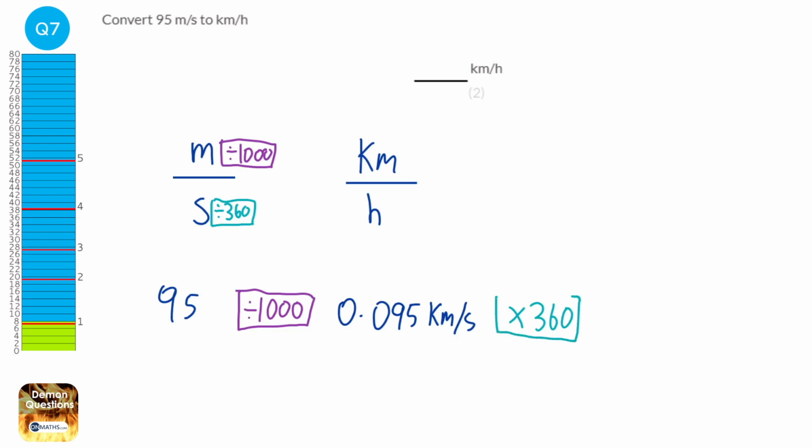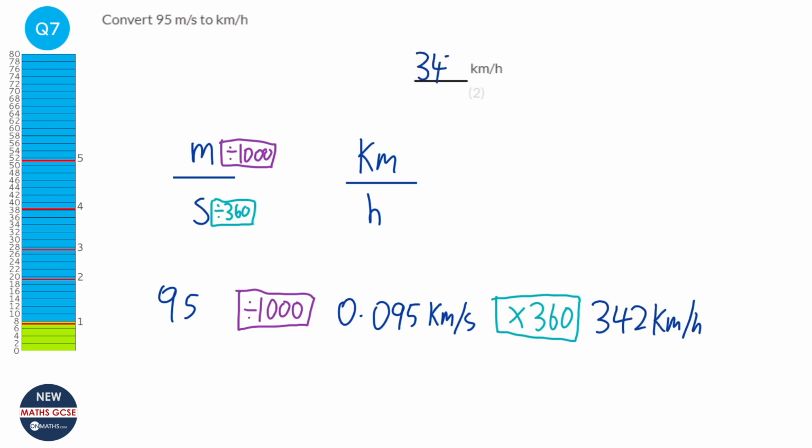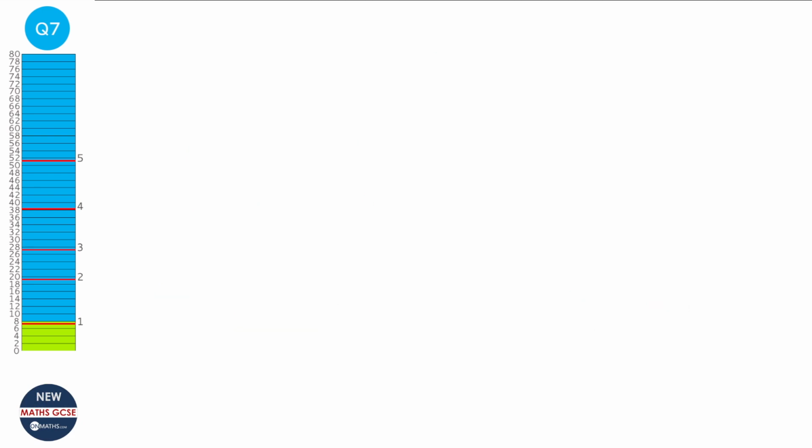So we're going to times the whole fraction by 3,600. And so we do 0.095 times 3,600, and you get the answer of 342 kilometers per hour. So our answer is 342 kilometers per hour.